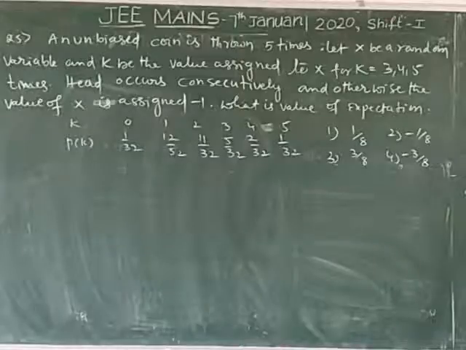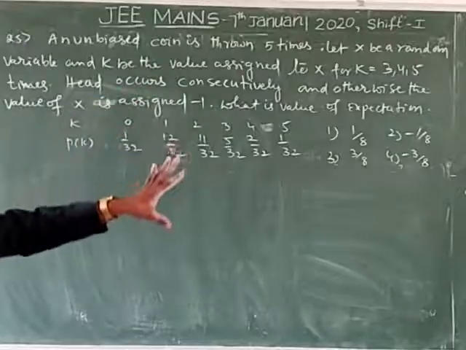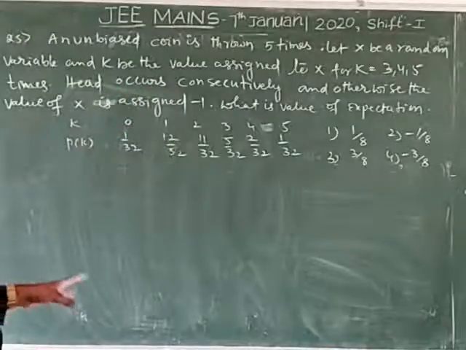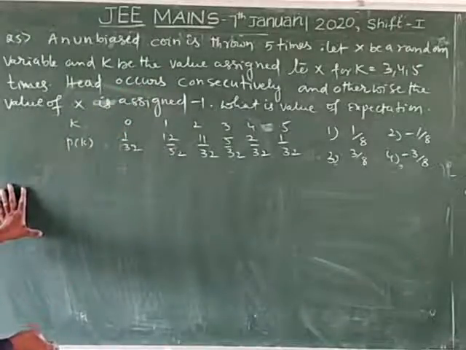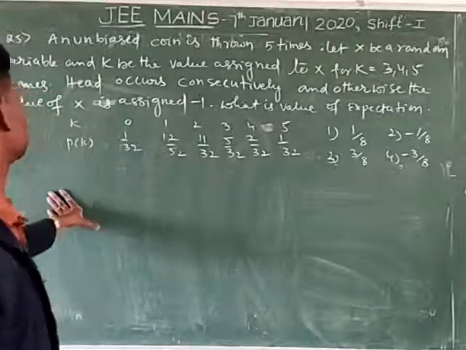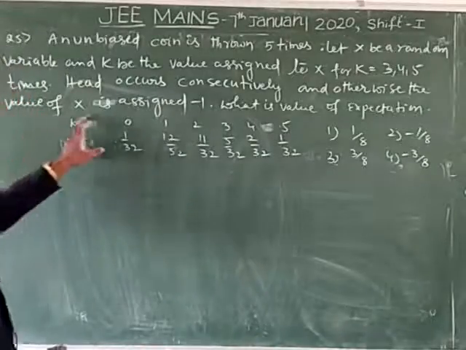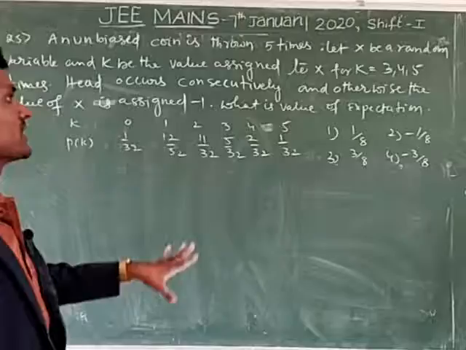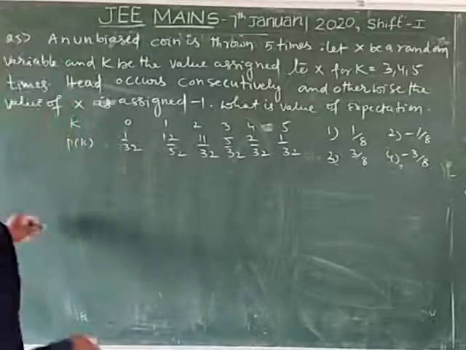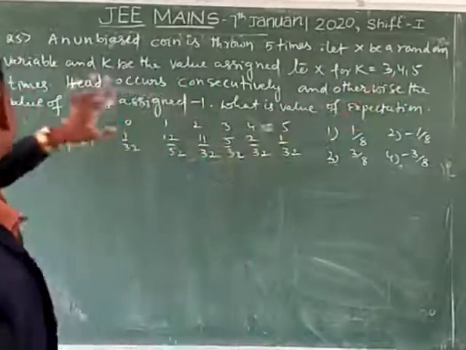Okay, 25th question. This is the last question. An unbiased coin is thrown 5 times. Let x be a random variable and k be the value assigned to x. For k equal to 3, 4, 5 times head occurs consecutively, and otherwise the value assigned to x is minus 1. Then what is the value of the expectation? Here x is equal to k, where k is 3, 4, 5 times head will come.